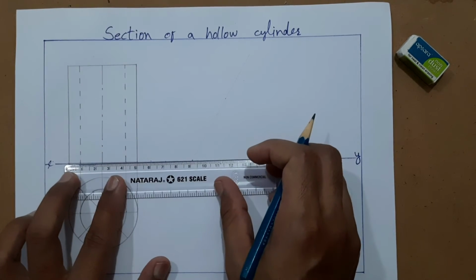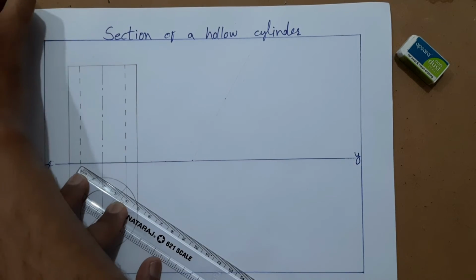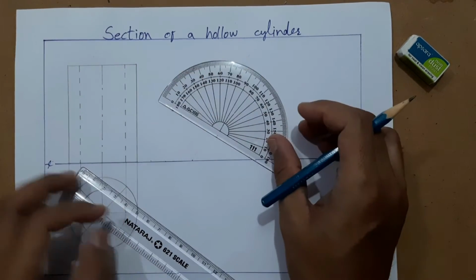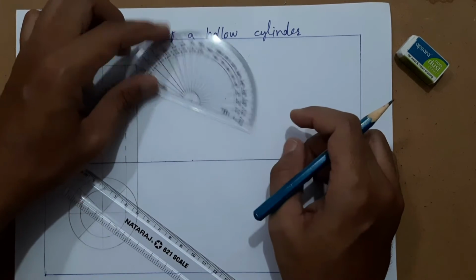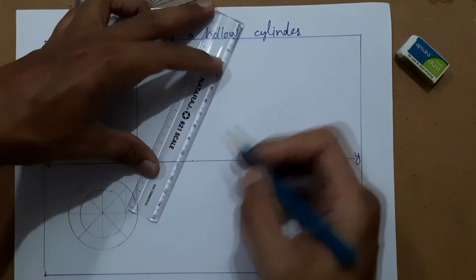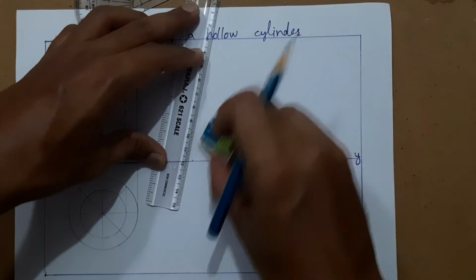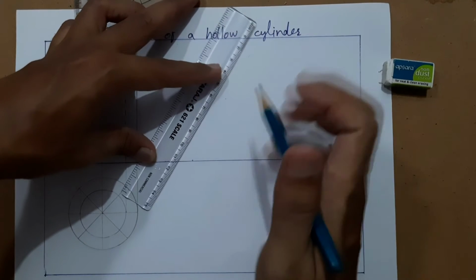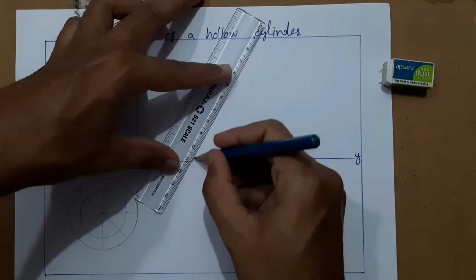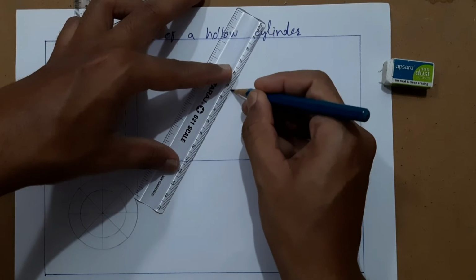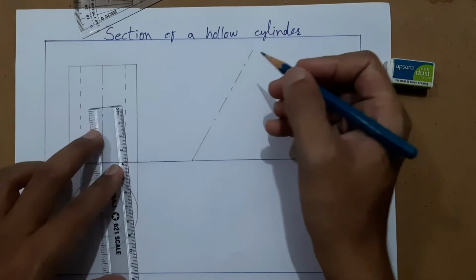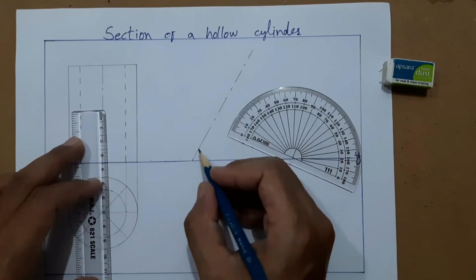Here base 50 mm. If you have a mini drafter, that will definitely save your time. I'll make it a little darker. 60 degrees we have taken here.